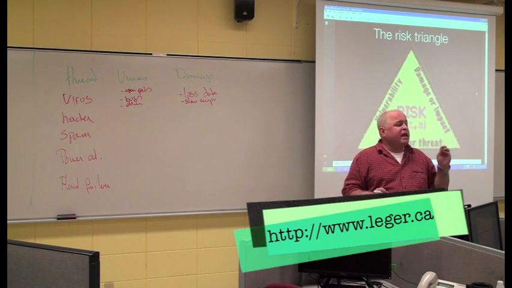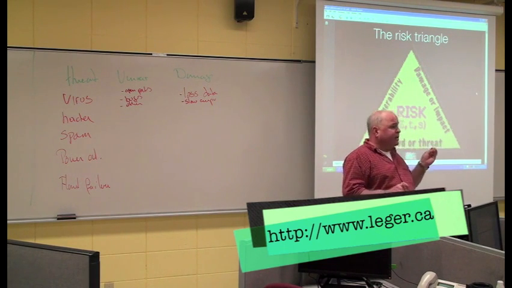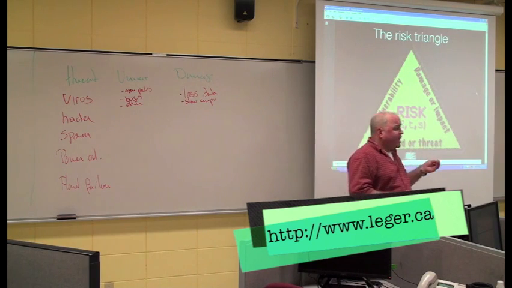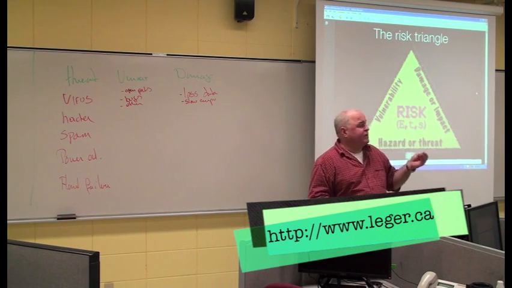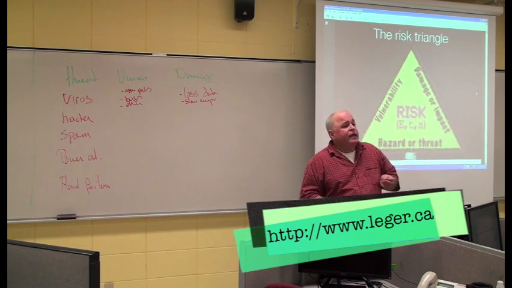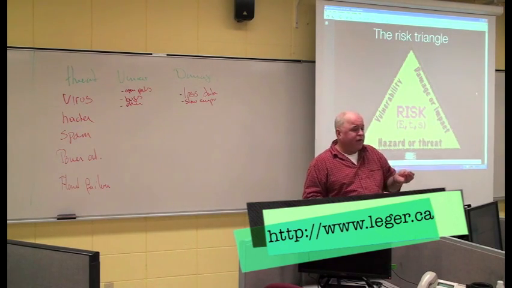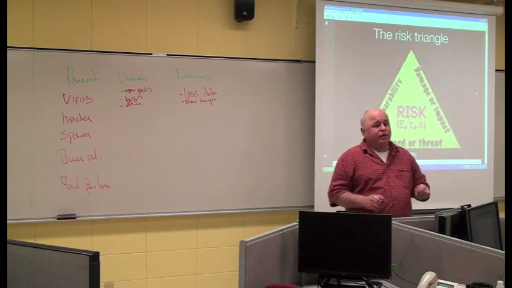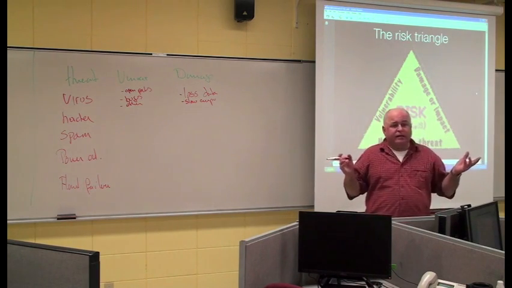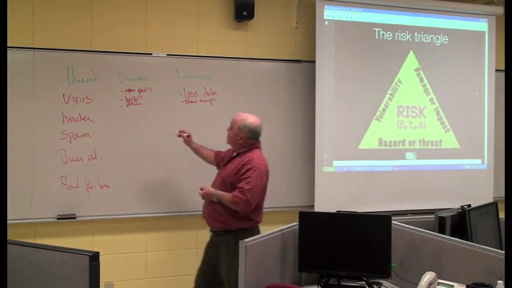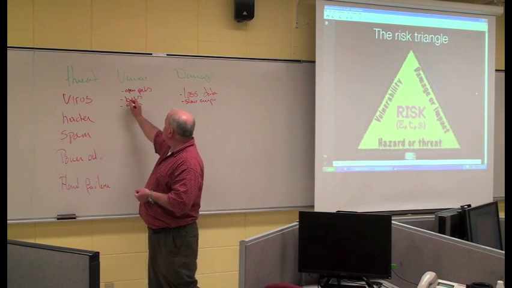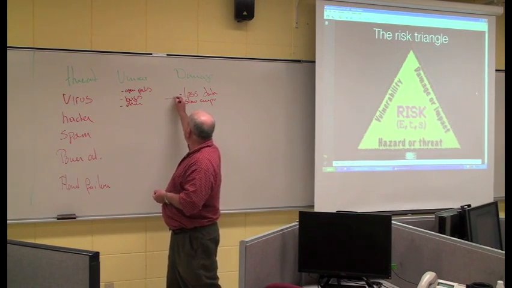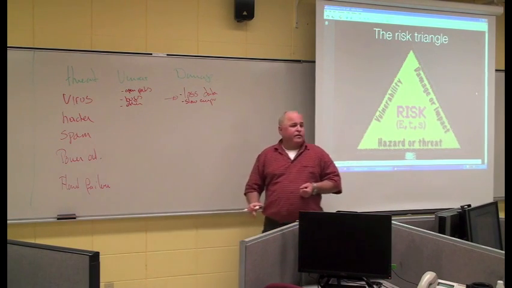We talked about the CIA: confidentiality, integrity, availability. So it might affect the confidentiality, allowing people to see data that I don't want them to see. It might affect the integrity, so data gets modified and doesn't have the same value to me. Or it might become unavailable, for example by being deleted.